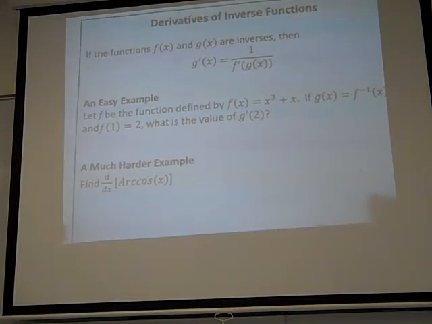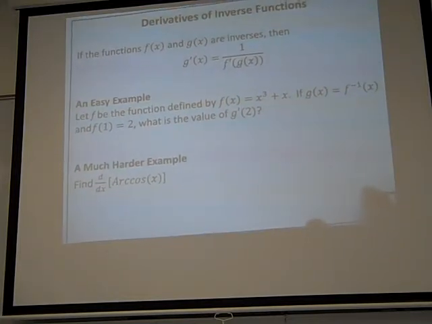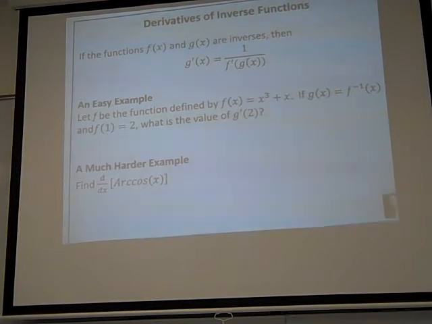The last derivative rule that we talked about is how we handle inverse functions. This is a helpful technique, especially for some of the more complex functions that we're going to look at later on.